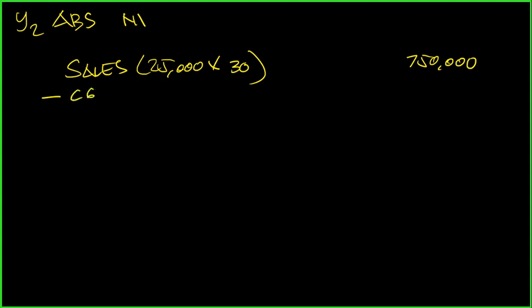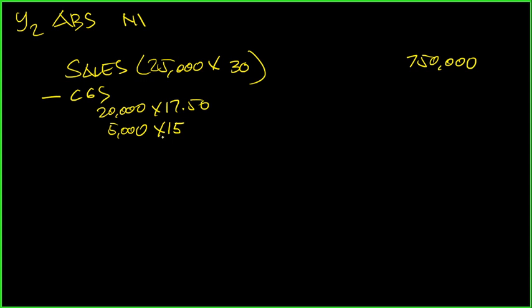Less your cost of goods sold. Dito, medyo tricky. Kasi out of this 25,000, 20,000 came from this year and 5,000 came from last year. And they don't have the same unit cost, no? So, kailangan nating hatiin yan. 20,000 and 5,000. This year, the cost is 17.5 while last year, the cost is 15. Magkaiba sila ng fixed cost.